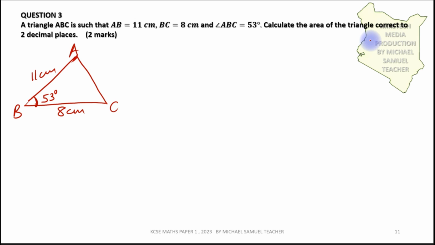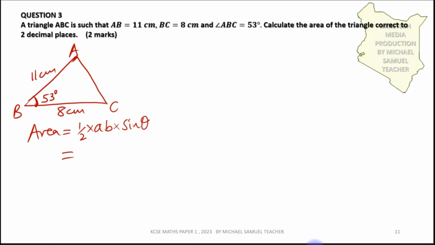So we know there are different formulas for calculating the area of a triangle, but which one will be more applicable? For this one, the area will be given by a half times 2 sides, AB times sine theta, where theta is the angle between the two known sides.